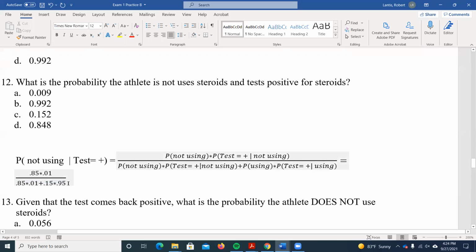right. I think I can do this real quick to double check, even though we have the answer key pulled up here. So we got 0.85 times 0.01, 0.15 times 0.95. 0.85 times 0.15 divided by... Hold on, I'm struggling over here. 0.85 plus 0.15.